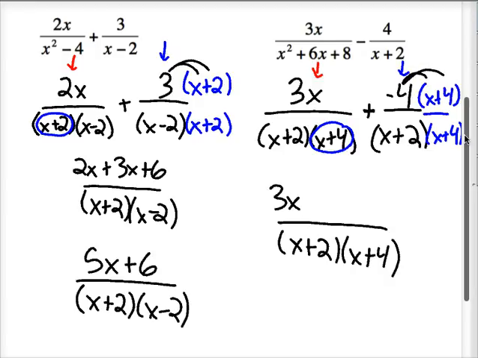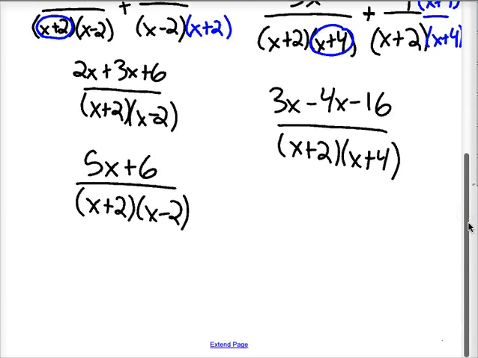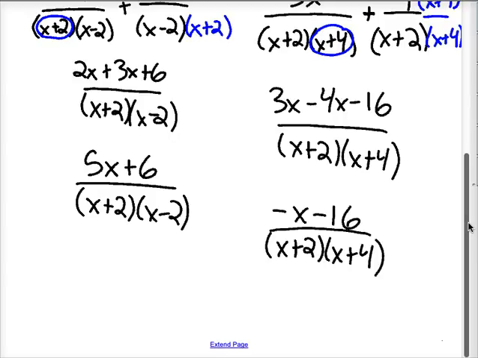So I am actually distributing a negative 4 when I'm working across that distribution. So 3x minus 4x is a negative 1x minus 16. And now we have that along the bottom.